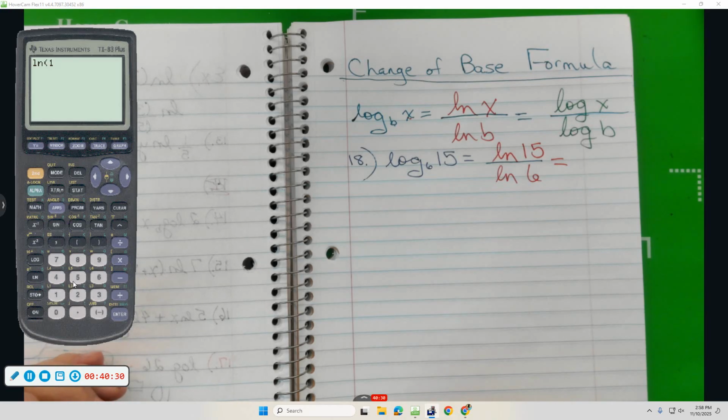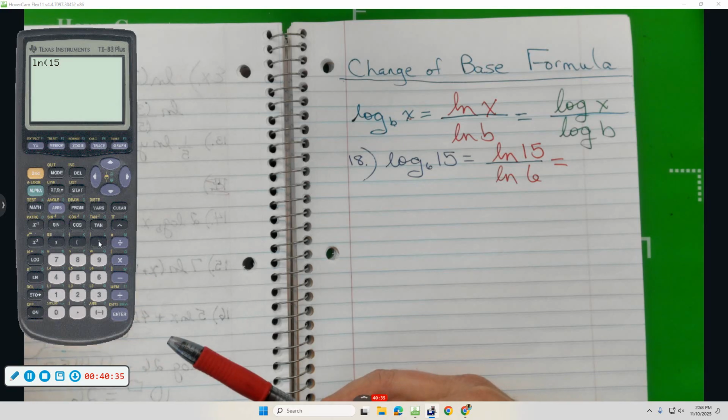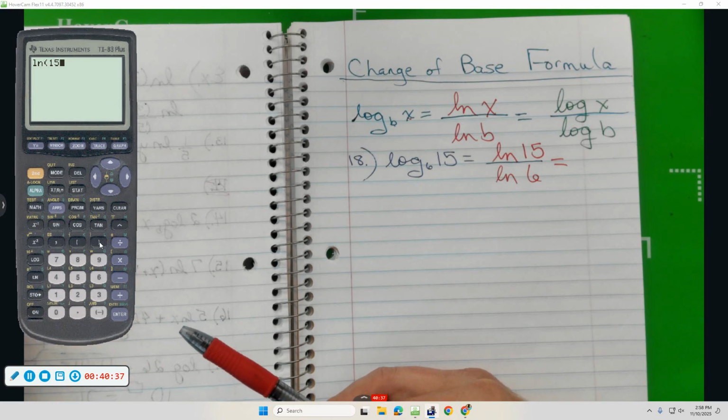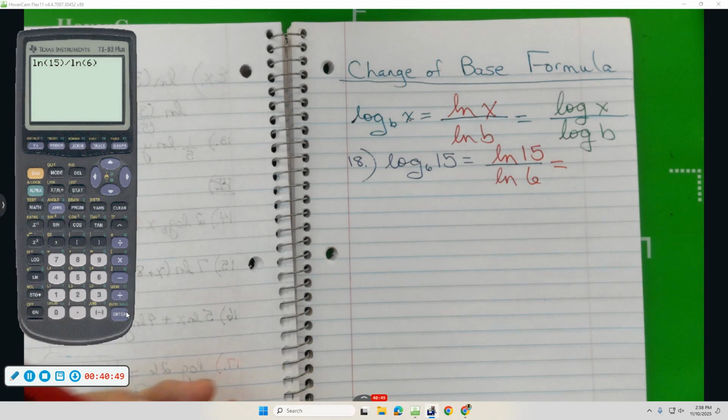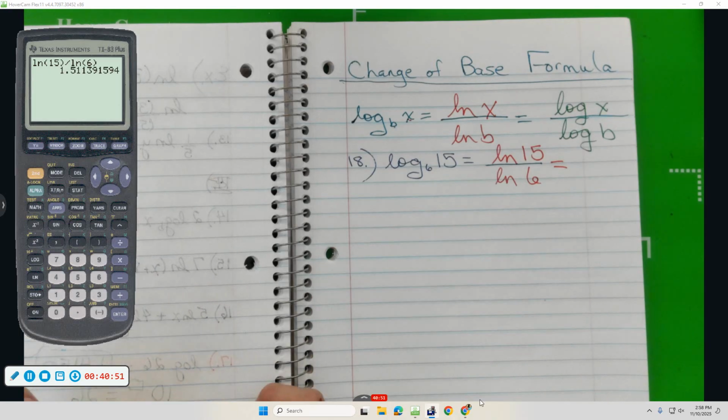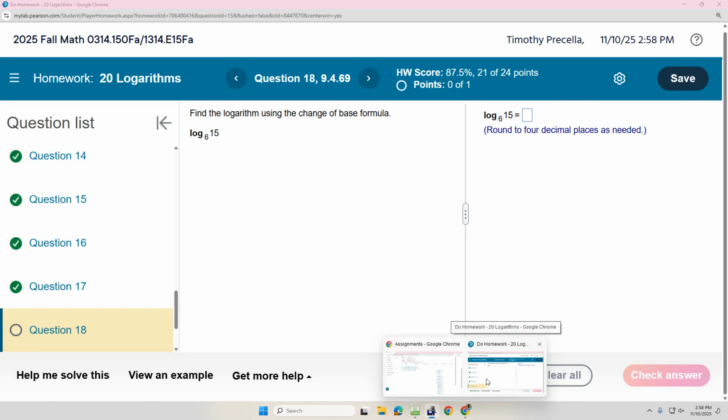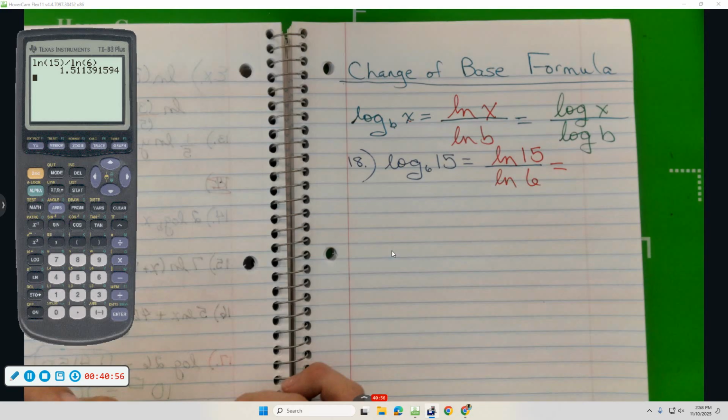If you notice how my calculator opened up a parenthesis, and I bet some of y'all's did also, you've got to close the parenthesis before you say divided by. If it opens a parenthesis, you type the argument and then close it. Let's see. Is this 4 decimal places? Yeah, round to 4 decimal places.